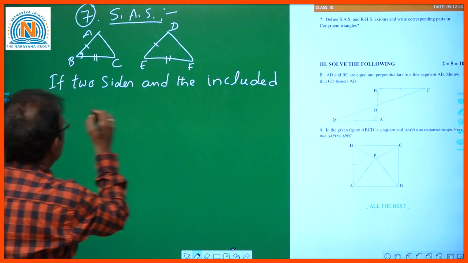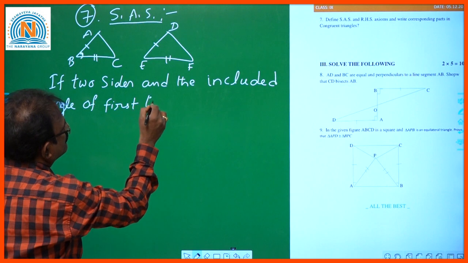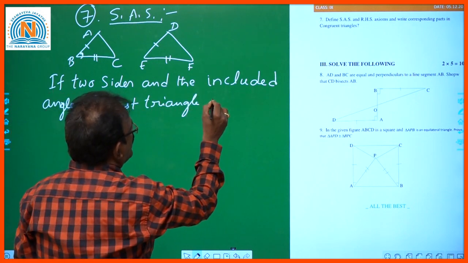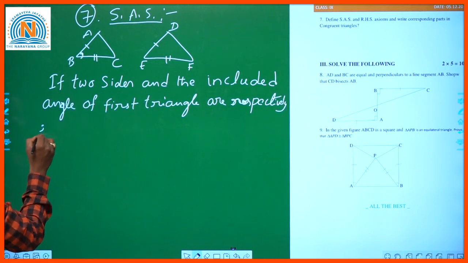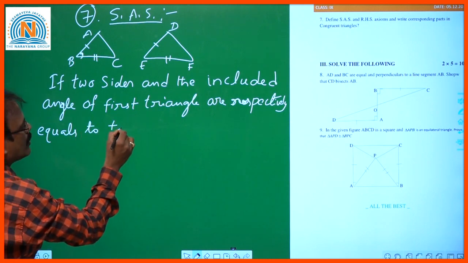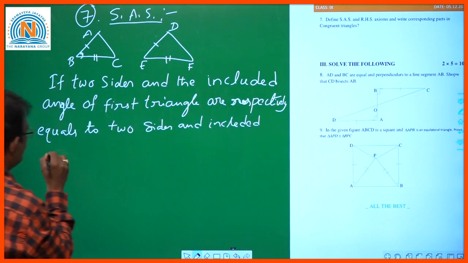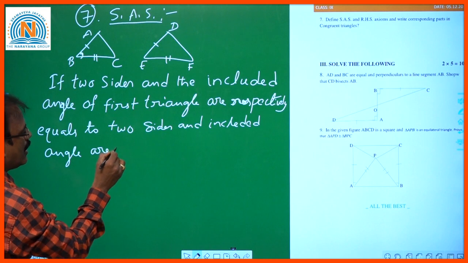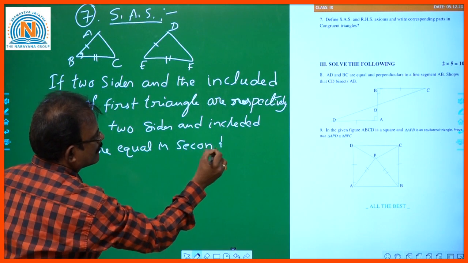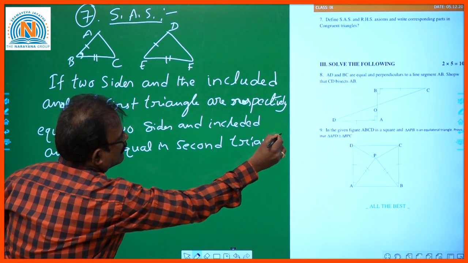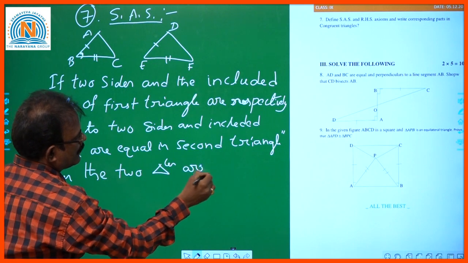So if two sides and the included angle of first triangle are respectively equal to two sides and included angle in second triangle, then the two triangles are congruent.